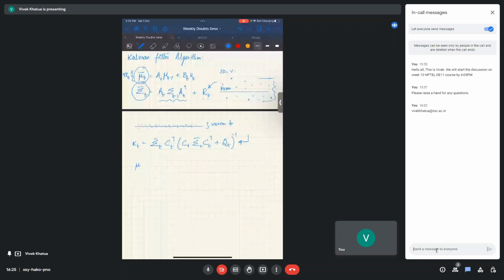Now we will calculate our belief, that is what we know as true, or what we will take as true regardless of what the actual situation is. Mu t bar plus Kt, the Kalman gain, times zt, the actual measurement, minus Ct mu t bar, right?